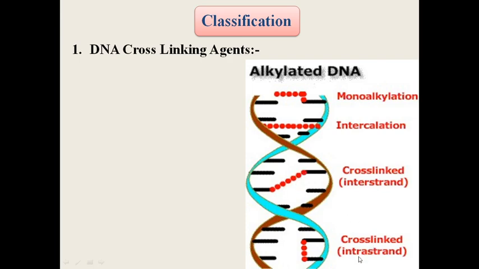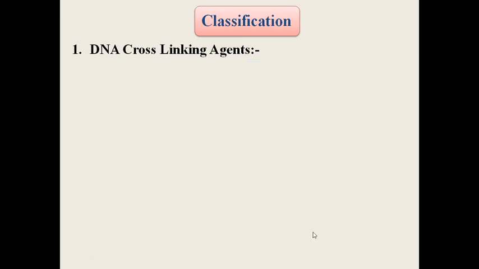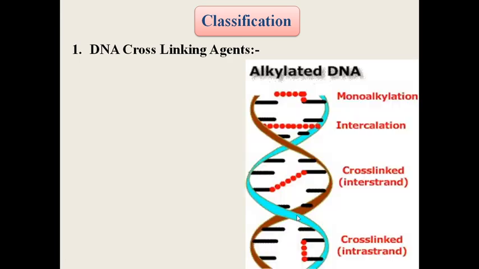And for intrastrand cross-linking, the anti-cancer agent has cross-linked the DNA bases of the same strand. So this will be called intrastrand cross-linking because it is happening in the same strand.